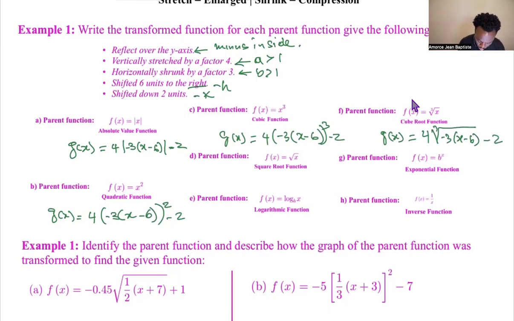That's square root. The only difference would be removing the cube part.